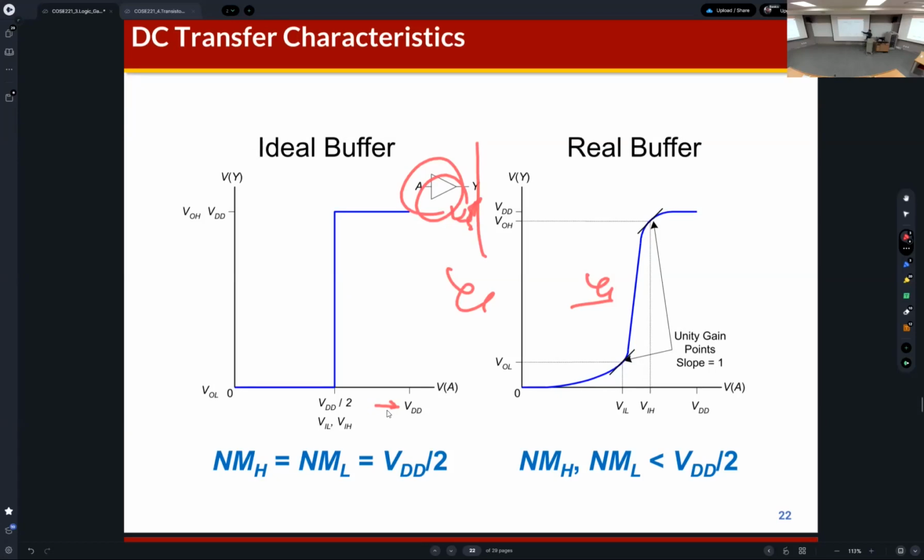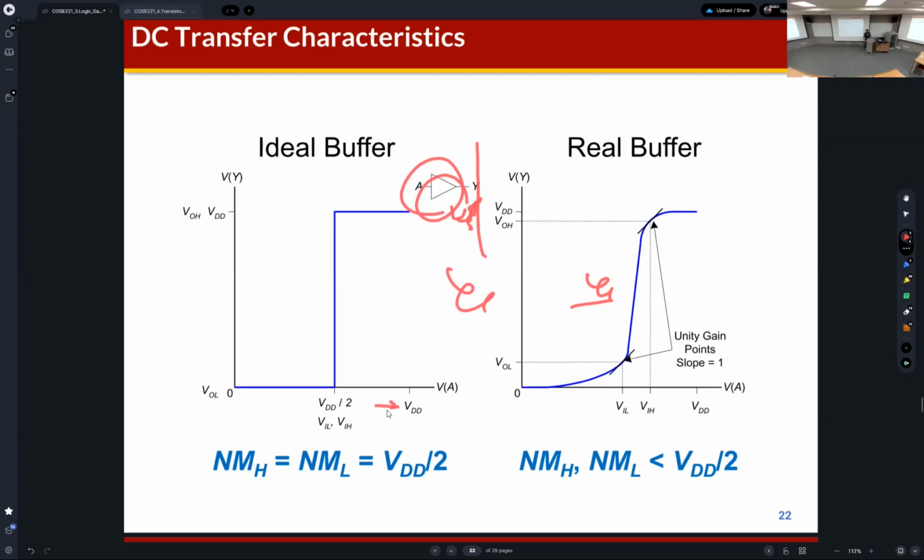The output signal becomes 0. And from half VDD to VDD, the output signal value is VDD. So if the input signal is in the range of 0 to half VDD, the buffer generates a clear 0 volt signal. And if the input signal is from half VDD to VDD, the buffer generates a clear 1 signal, the VDD signal. So this is the ideal buffer.